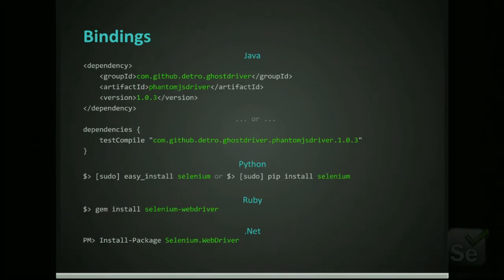For Python, Ruby, and .NET, the amazing guys in the Selenium project have already integrated the binding directly into the main package, so you don't have to do anything. Practically, I think from version 2.28 of Selenium, you get, for all three of these, the library already inside Selenium, ready to be used.